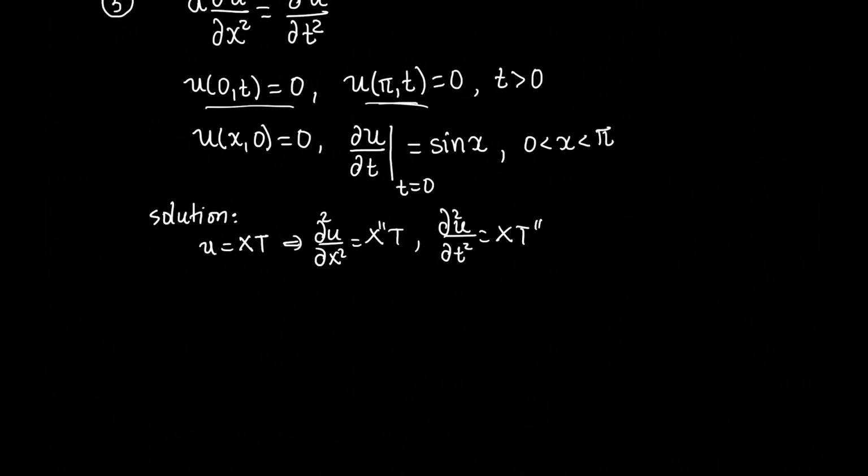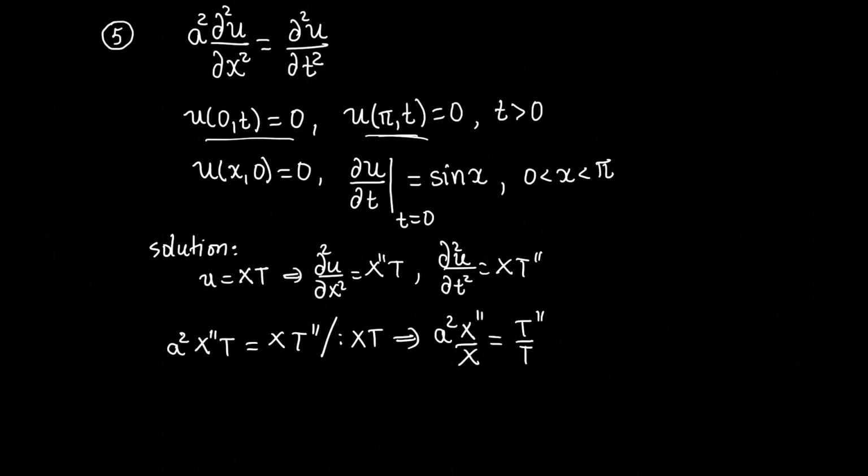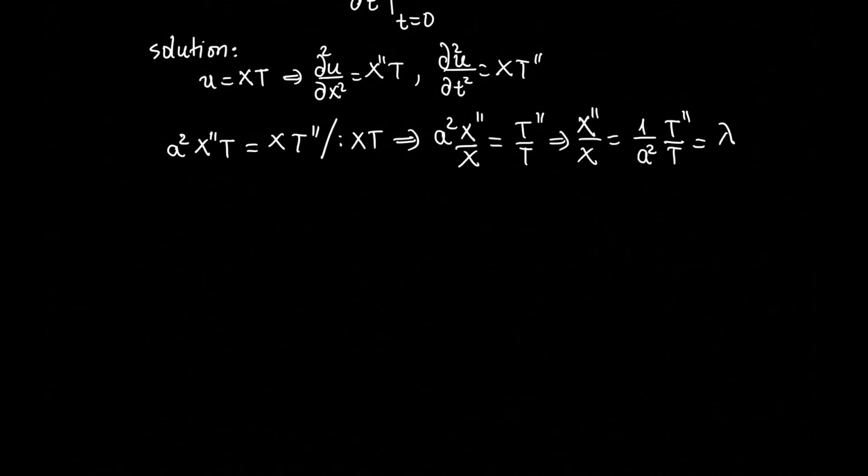Okay, now I will just substitute into the original equation. Then I have a squared times the second derivative of u, which is X double prime T, equal to X T double prime. Divide both sides by X T, then you have a squared X double prime over X equal to T double prime over T. Then I want X double prime over X equal to 1 over a squared T double prime over T. I'm going to separate both sides by saying that it is equal to lambda.